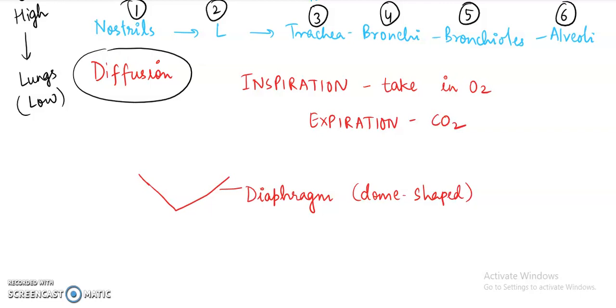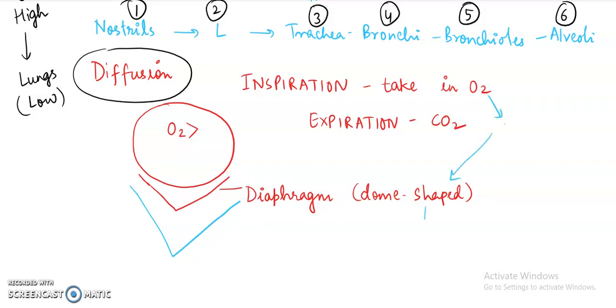As you inhale, air gets filled up here. Suppose this is the chest cavity. So here oxygen would be greater. As a result, the diaphragm will move down. At each inspiration, this diaphragm has to move down so that the maximum amount of air can be stored in your lungs. This happens as you inhale.